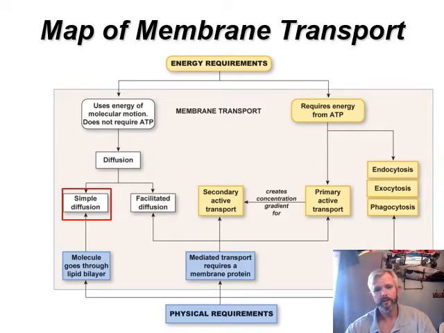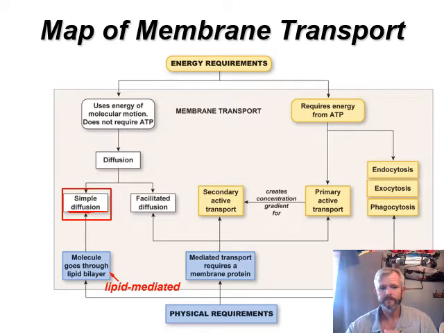Okay, so let's first look at simple diffusion. We already defined physical requirements. If you see diffusion, what's that telling you? It's telling you it is passive transport. The cell does not have to exert energy. The energy comes from the concentration gradient, high to low.